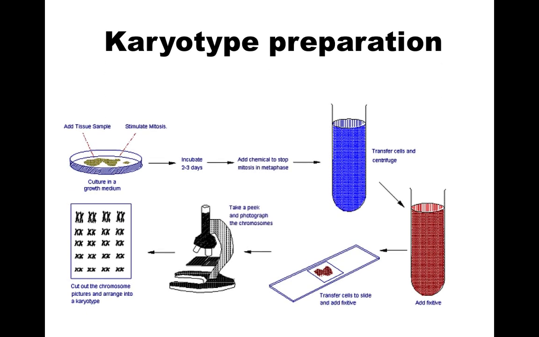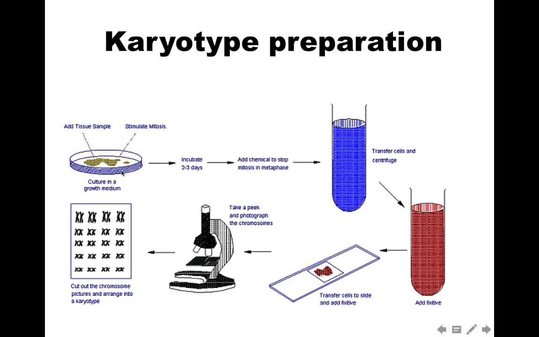How is the karyotype prepared? We start with the sample collection, and then the culture of the cells and stimulating the cells to divide, because as we mentioned, the cells can only be examined when they are in cell division in the metaphase stage.